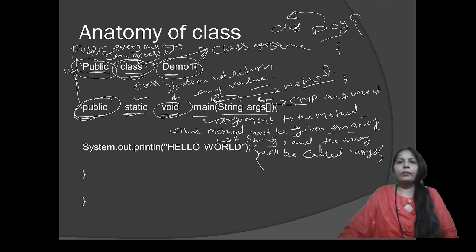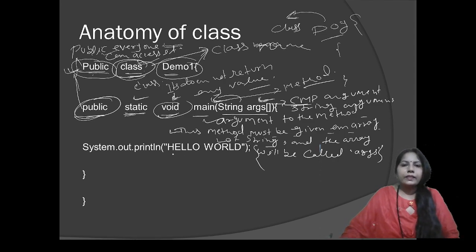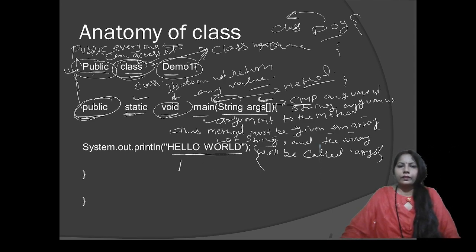CMD, do you know about that? Command prompt argument. Or we can also say it is a string argument where we print hello world. Now the next, hello world. It is the string that you want to print.